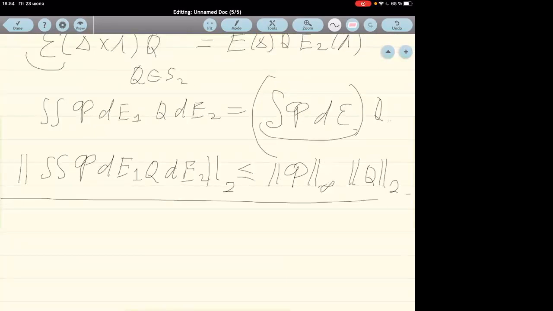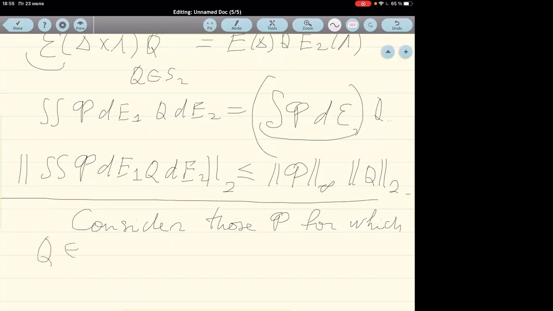First of all, we can consider only those functions phi for which the following implication holds.